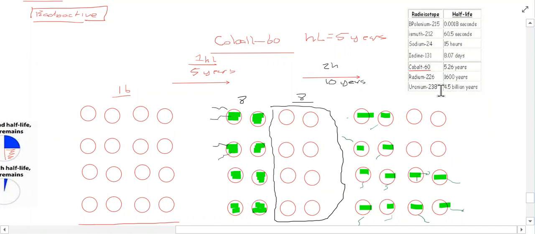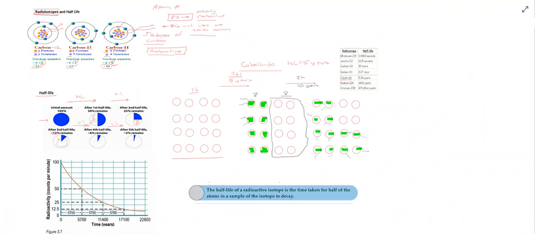So uranium will continue to be radioactive for 4.5 billion years, and even longer. So that's the idea of what's known as the half-life of a radioactive isotope.